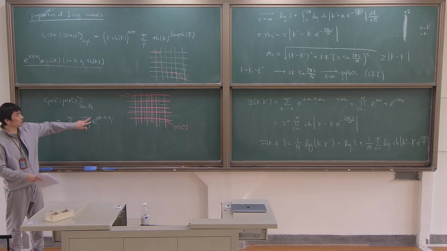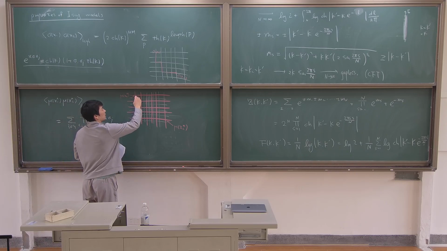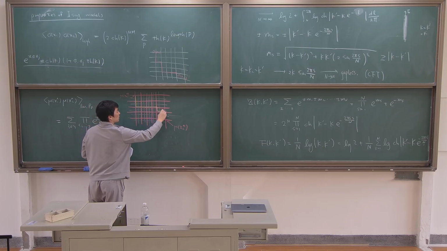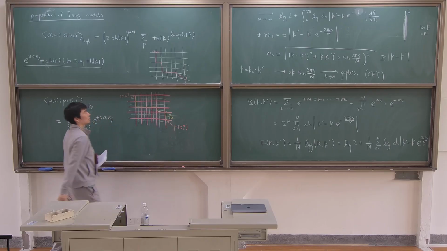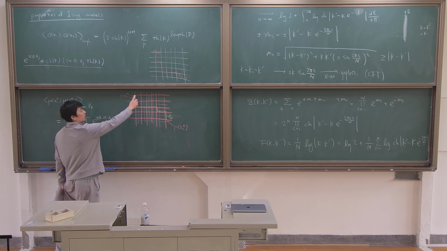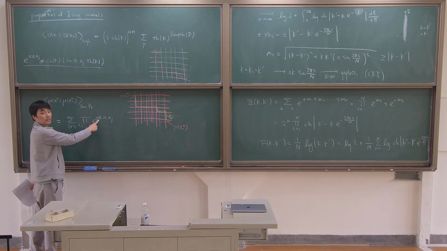So this choice of plus or minus sign is that if you have this path P_D like this way, then on this yellow line you have to take a minus sign.